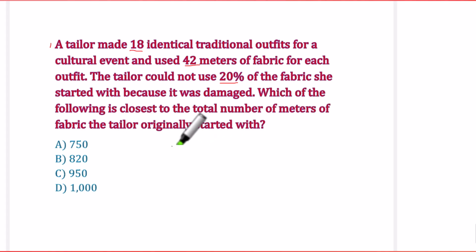It is easy. Let's say the original one is x, minus the percent she cannot use, 20%, that means 0.2x, is equal to 18 times 42. Then we can find the value of x. x is the original length of the fabric.